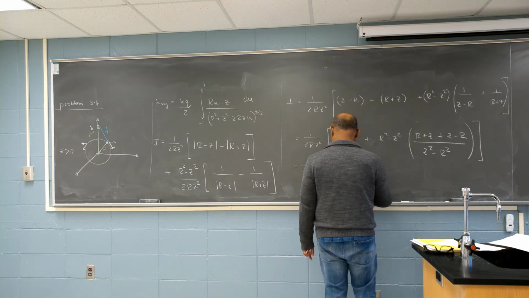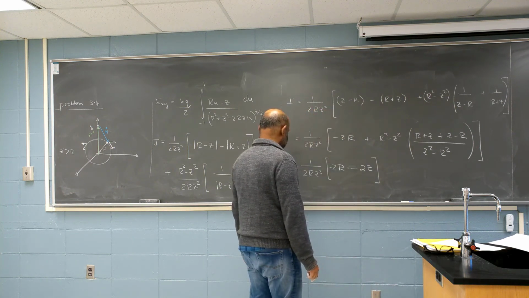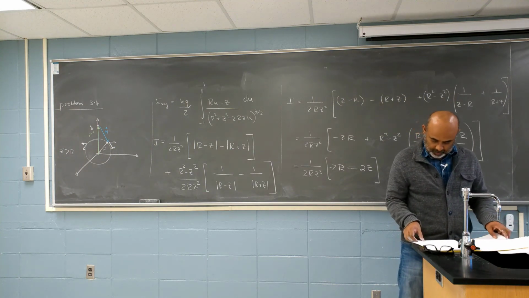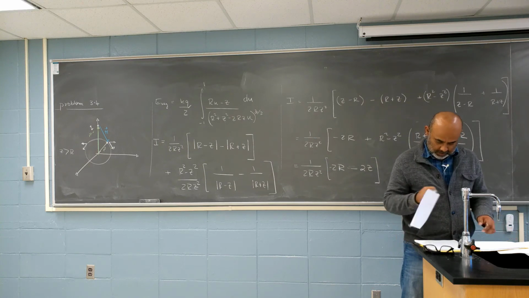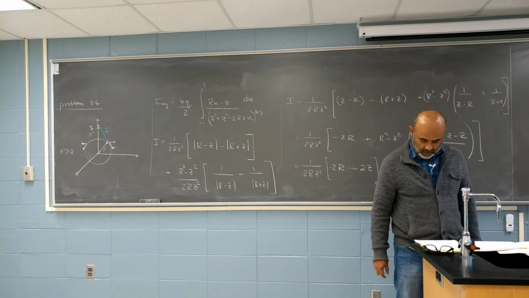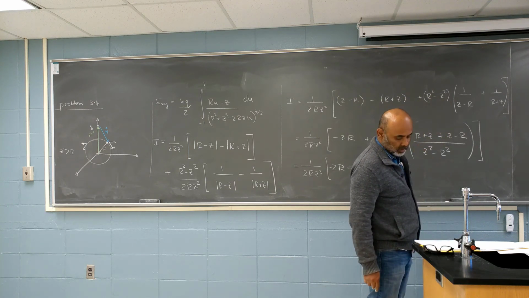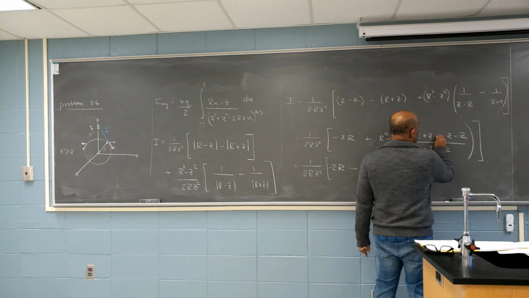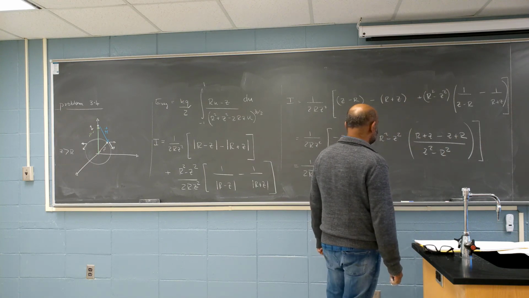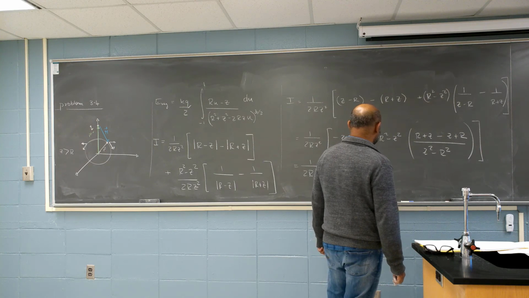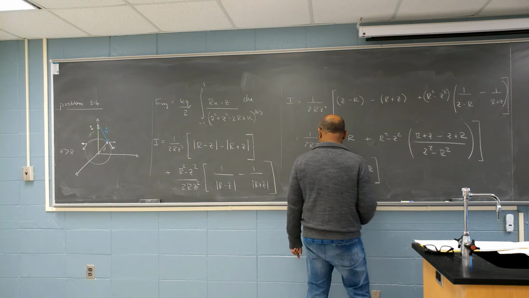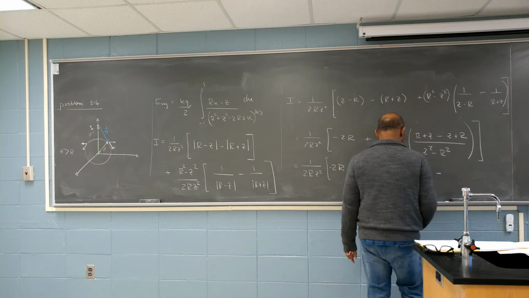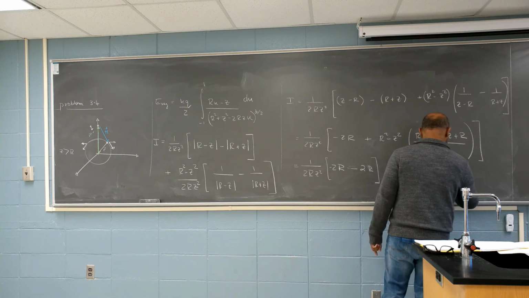That is not good. R plus z minus, so this is minus z plus r, and this is minus 2r, so that's minus 4r over 2r z squared equals minus 2 over z squared.